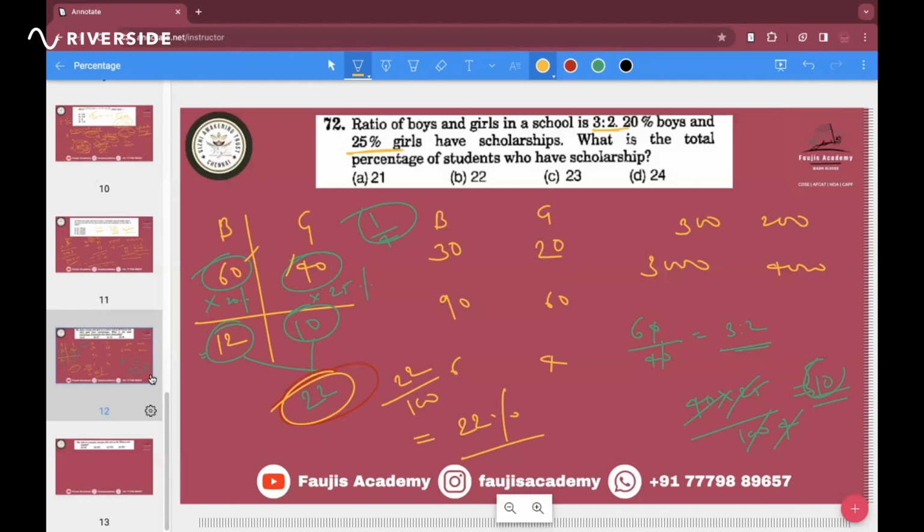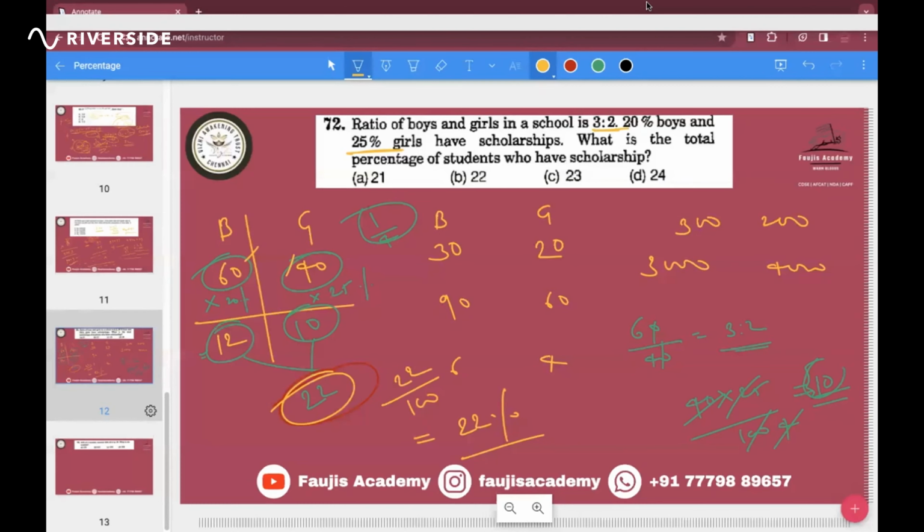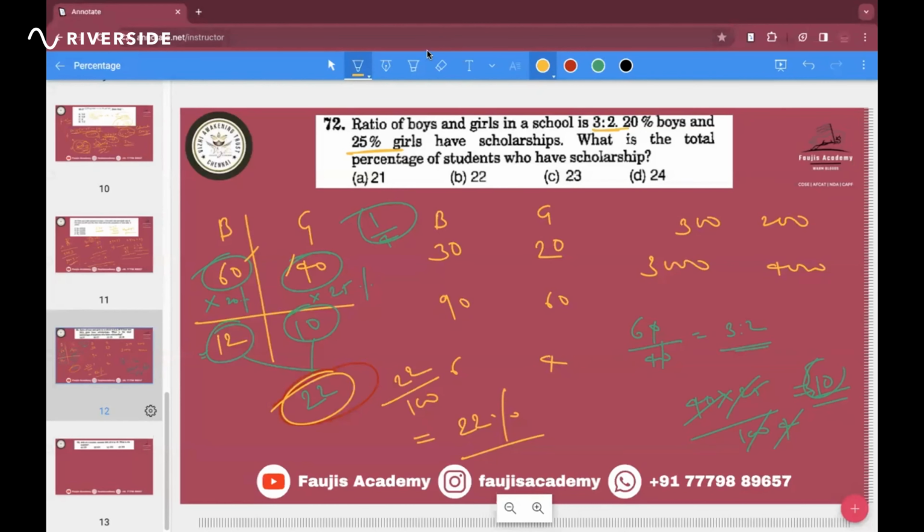Sir, can you explain this part? Which part? Sir, how do we get the 60 for boys, 20%, and the 12? See, they are saying 20% of boys and 25% of girls have scholarships.